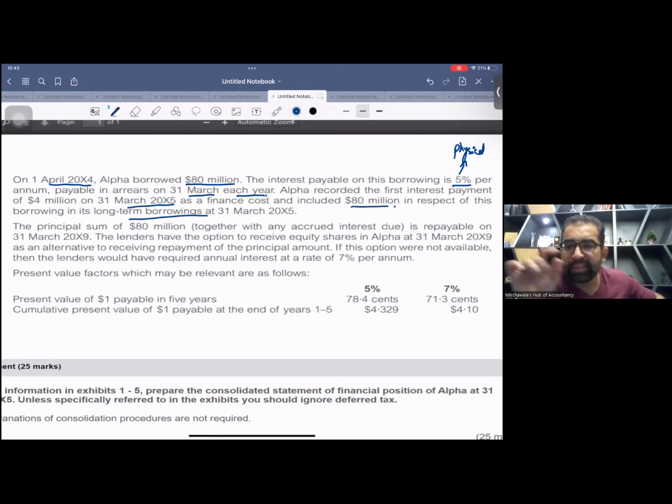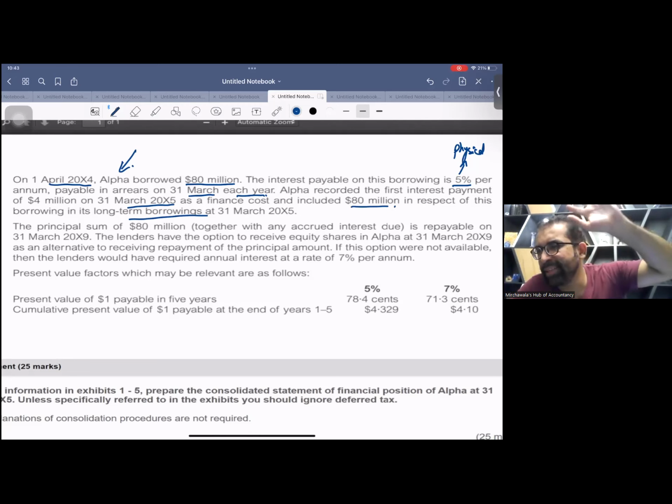This transaction is related to the parent company Alpha, so it has nothing to do with the subsidiary company. Everything will go in the consolidated reserve again.